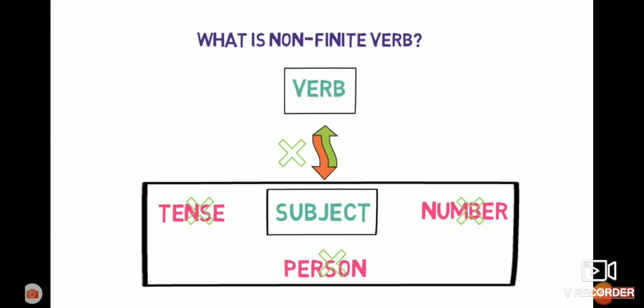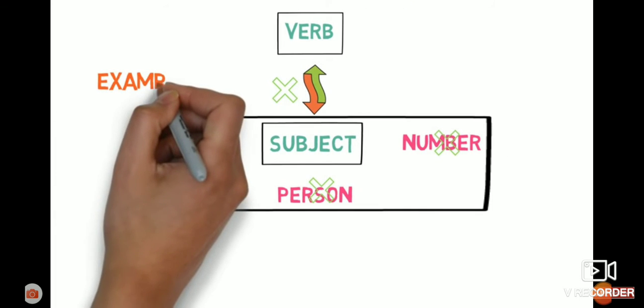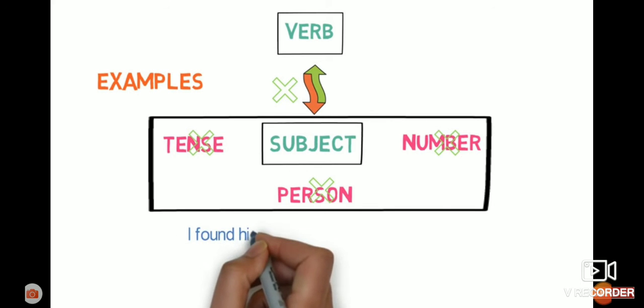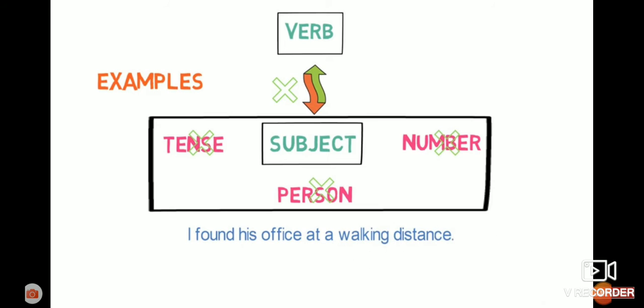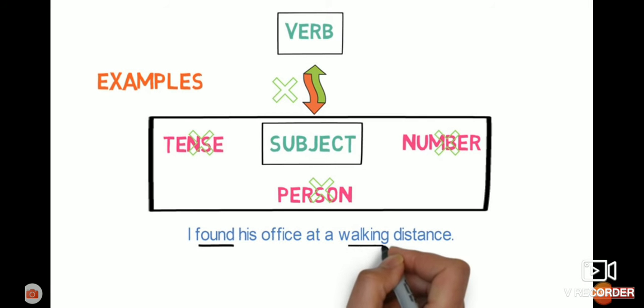And they don't perform any action in the sentence. First, let's understand it with an example. Then we will understand their role in the sentence. I found his office at a walking distance. Here the subject is in singular form and the sentence is in past form. There are two verbs here, found and walking.